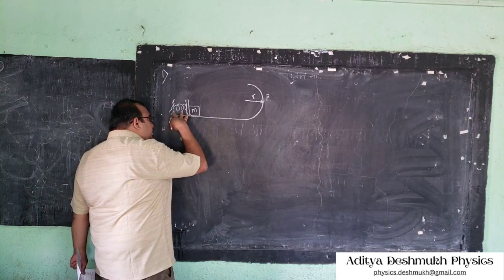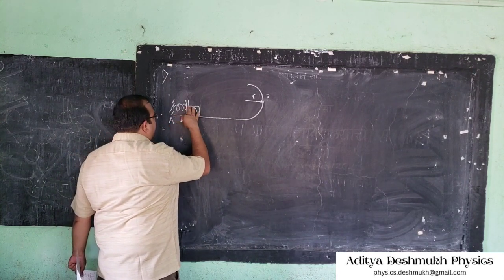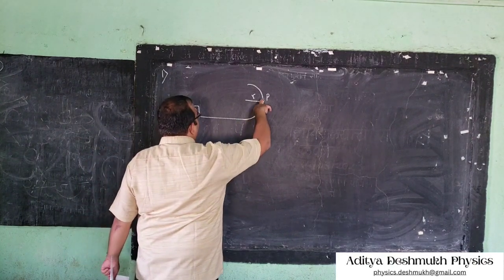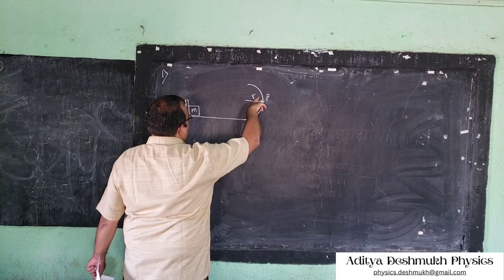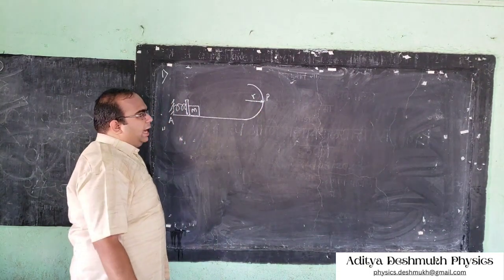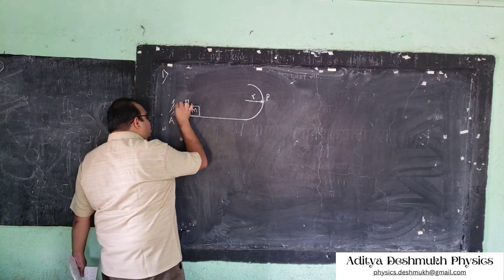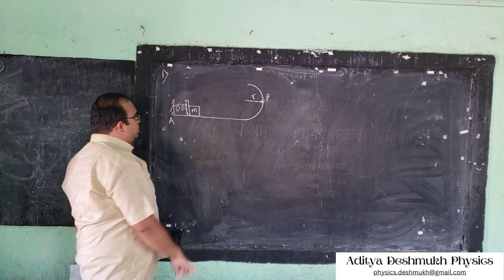So the energy stored in the spring will be given to the block, and the block will travel along the track. The question is asking what should be the minimum compression of the spring.